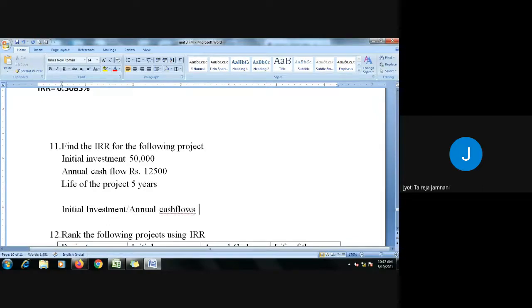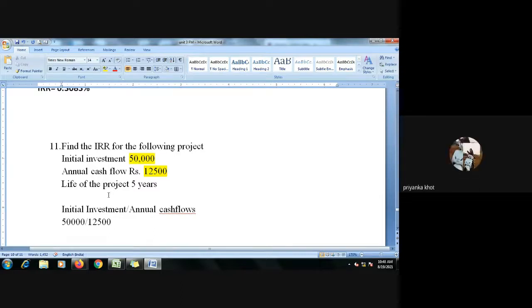Here the initial investment is given: 50,000 rupees is the initial investment and 12,500 rupees is the annual cash flow. So we will use initial investment 50,000 divided by annual cash flow 12,500. Now can you divide and tell me what answer you get? 4.